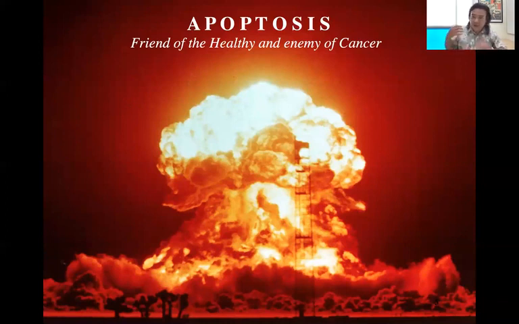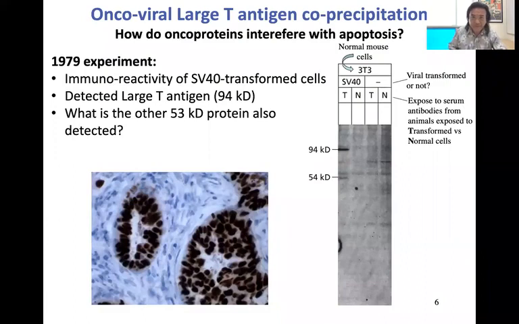So that's why we say it's the friend of the healthy and enemy of cancer. The better cells are at undergoing apoptosis, the less likely they will become cancer. So let's explore some of the underlying factors that govern this sacrifice decision that the cell has to make.